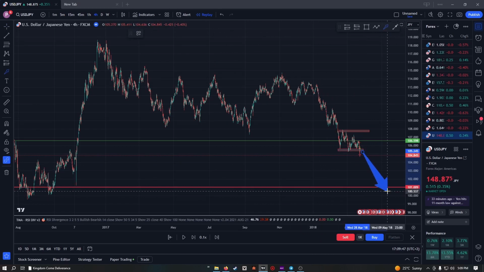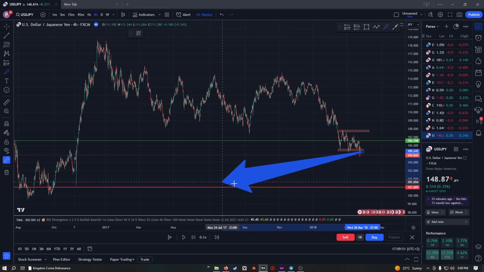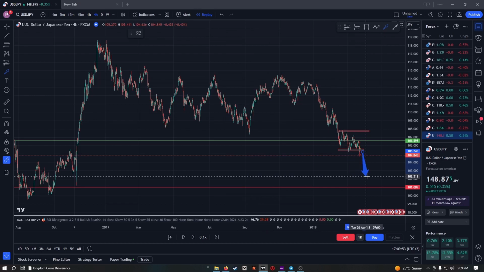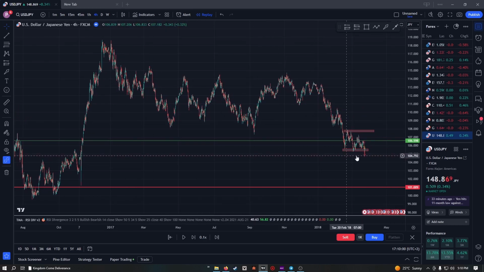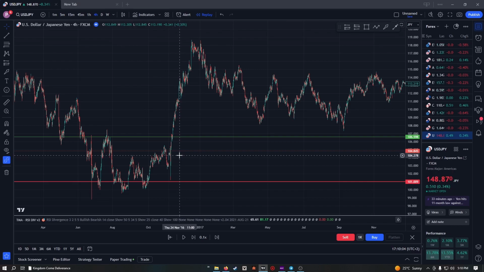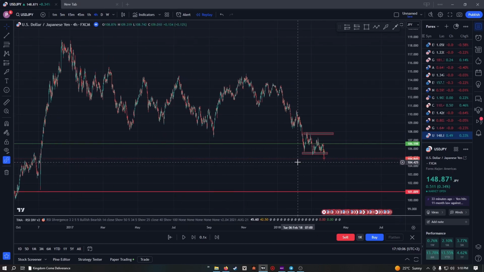This is the big support line. So, I mean, this is okay because, well, here you see there might be support or resistance, but it's fine.